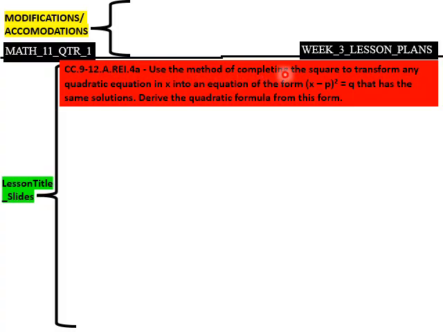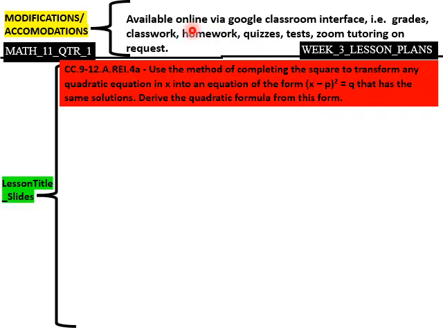Use the method of completing the square to transform any quadratic equation in x into an equation of the form (x minus p) squared equals q that has the same solutions. Derive the quadratic formula from this form. So we're going to follow that standard. And oh yeah, available online via the Google Classroom interface. That is grades, classwork, homework, quizzes, tests, and Zoom tutoring on request.